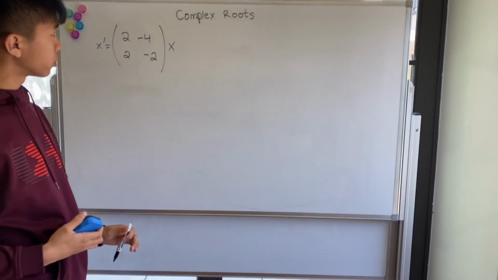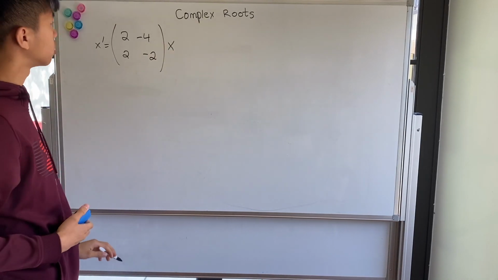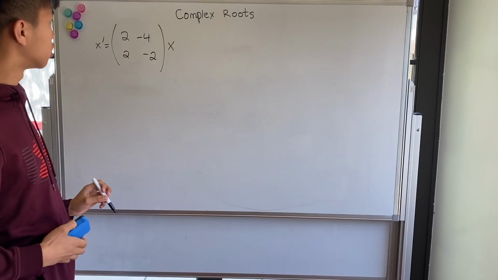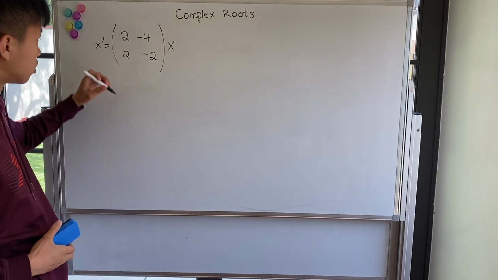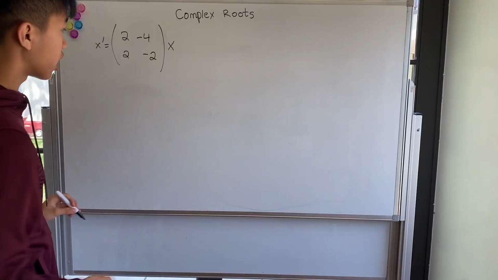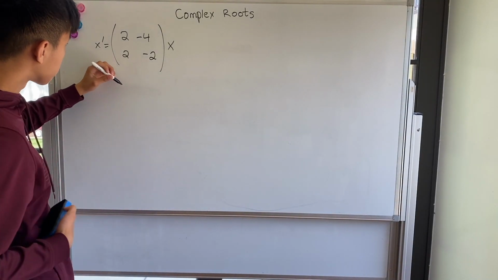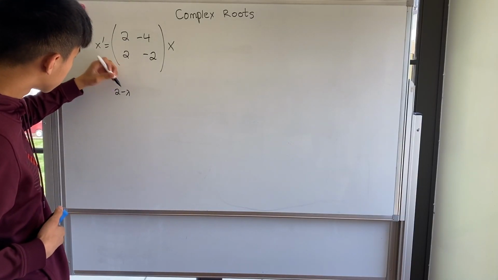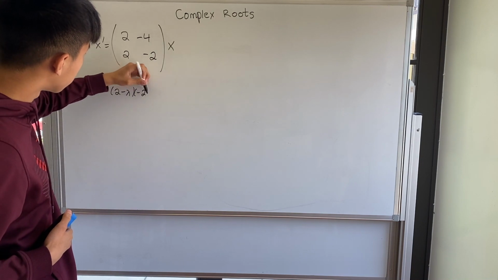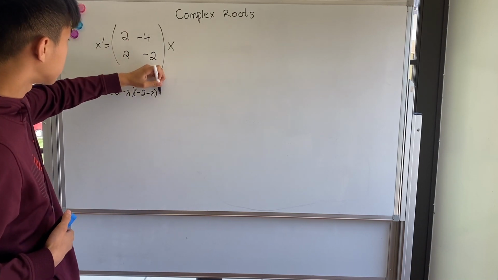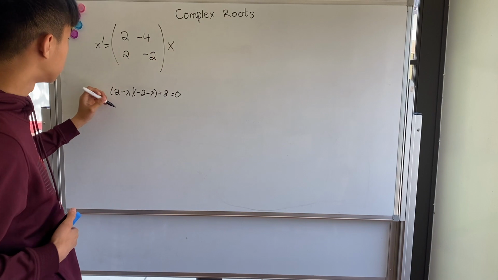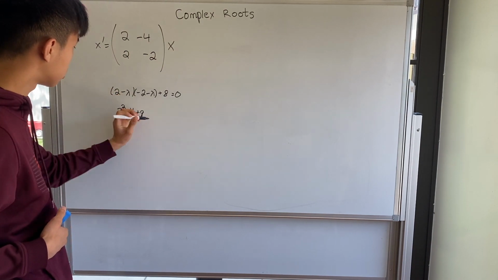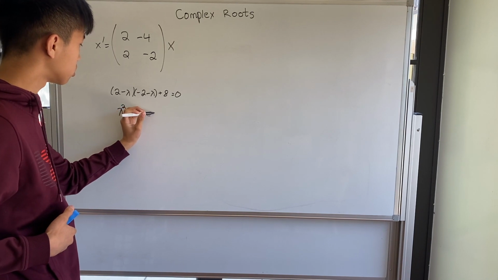So our final scenario is complex roots. What do you do when you have something with complex roots? Well, let's find out. Let's take our eigenvalues first of all. So we have 2 minus lambda, negative 2 minus lambda, plus 8 equals 0.